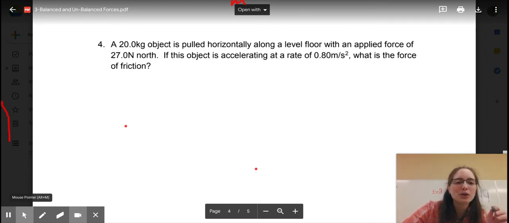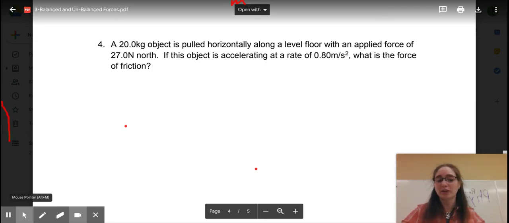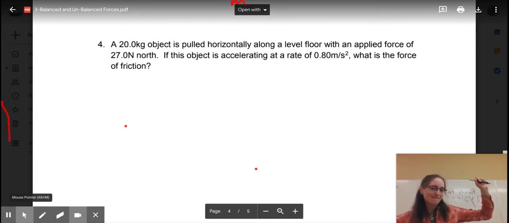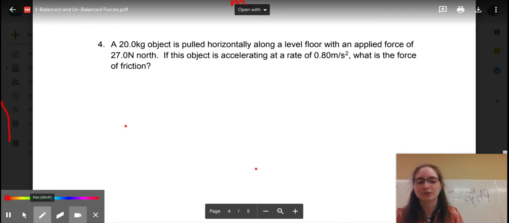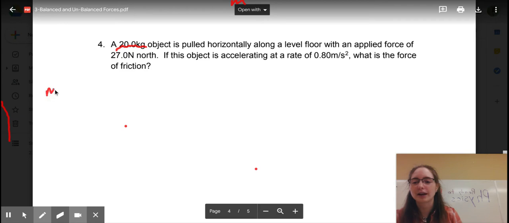I'm going to go through this one a little faster than the previous one, because I'm assuming you've already done it. Now I'm going to select the pen tool, read my question and list out what I have.